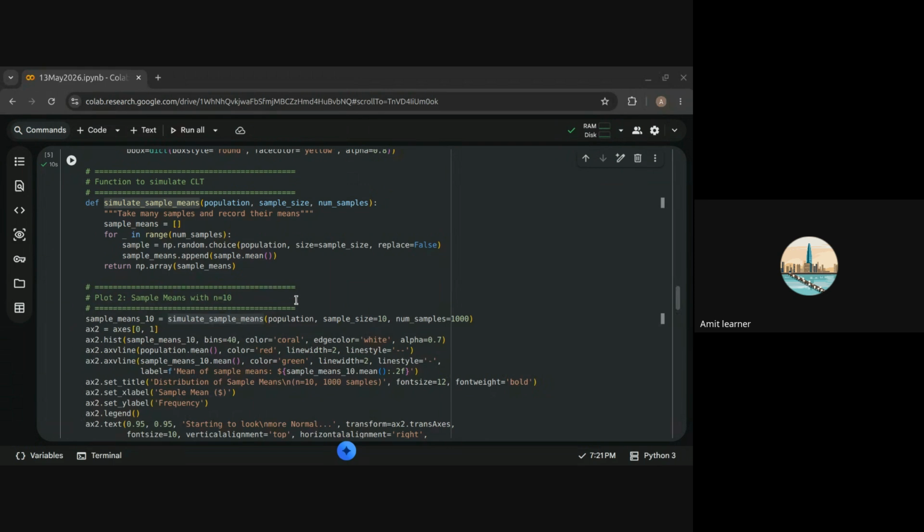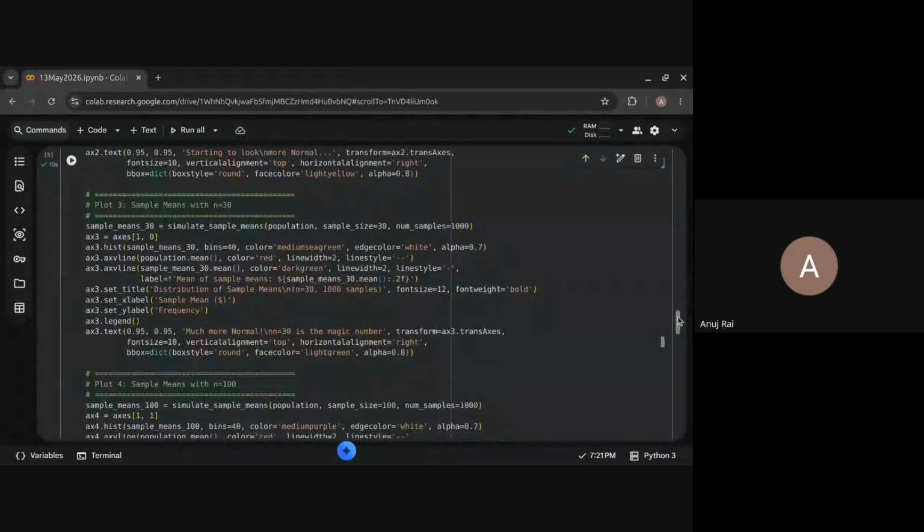Basically here we are not changing the size of the sample, but changing the number of samples.